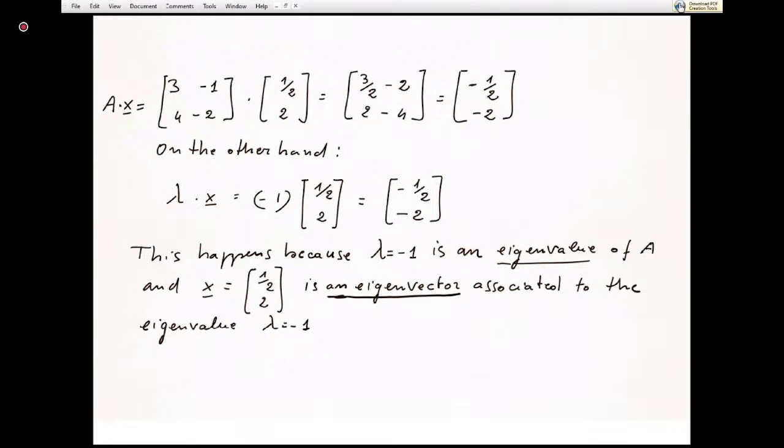We would like to find out the eigenvalues of the matrix, and for each eigenvalue, find out what are the associated eigenvectors. Is that clear? How can we do this? A little bit of linear algebra, what you already know from basic matrix operations, and the properties of homogeneous linear systems help us to solve our problem.